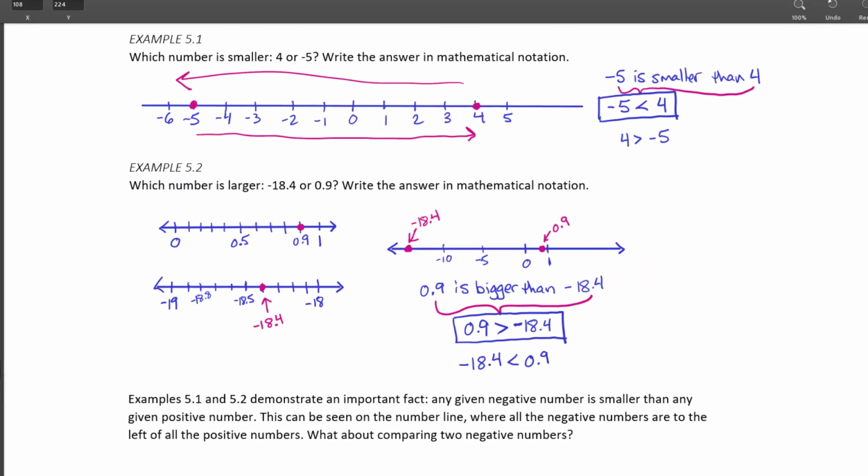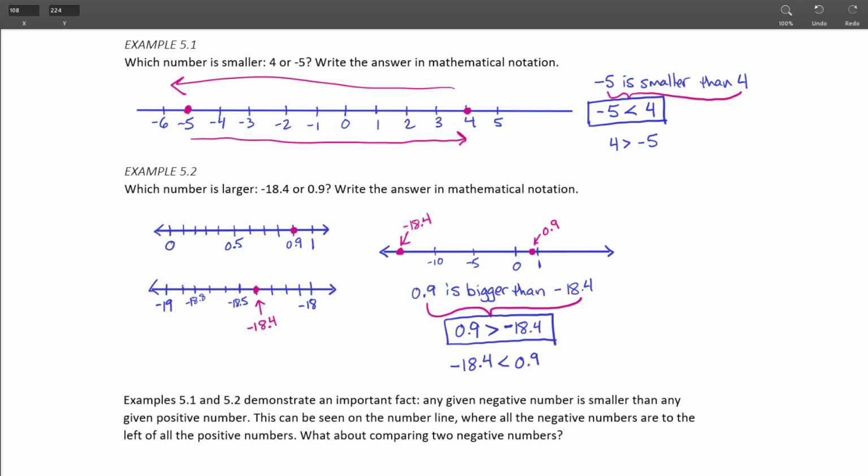These two examples demonstrate something that is always true, that you can put in your pocket and count on: any given negative number is smaller than any given positive number. This can be seen on the number line, where all of the negative numbers are to the left of 0, and all the positive numbers are to the right of 0.